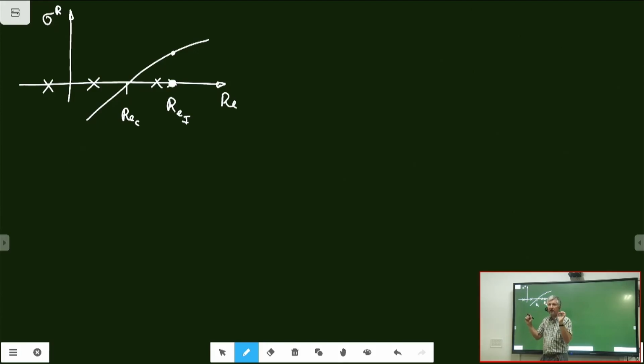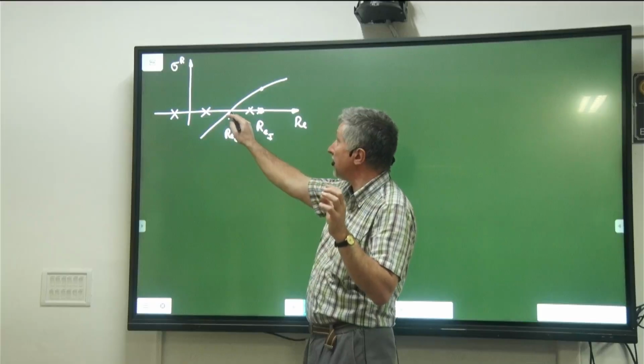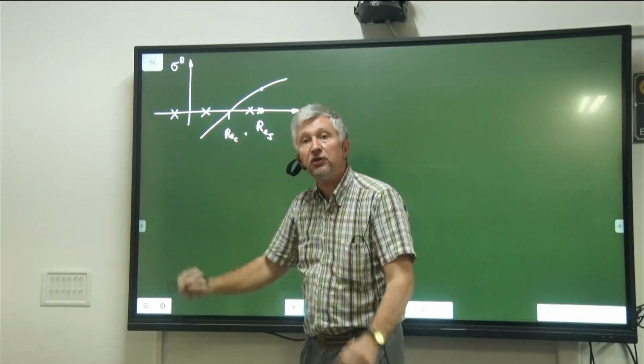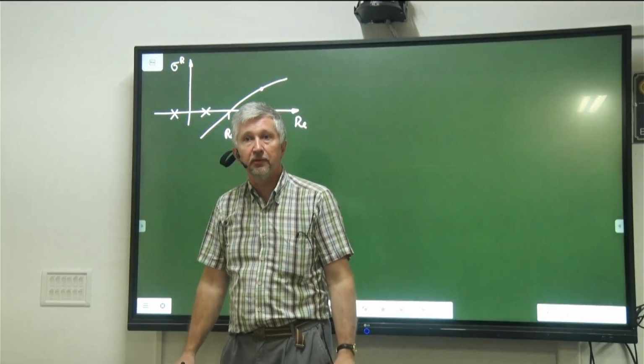So what is the condition under which the theory, or this expansion procedure, broke for the first time? Sigma r is 0, meaning that we first encountered the breakage here at the critical point. Are we interested in a critical point, though?